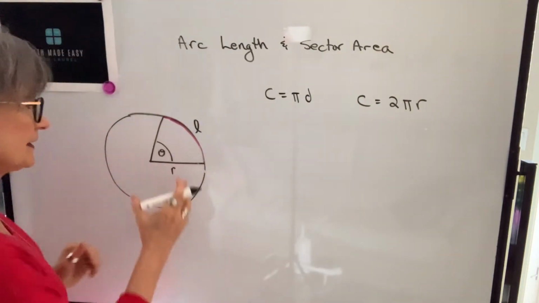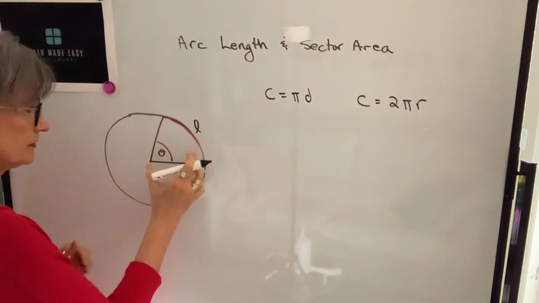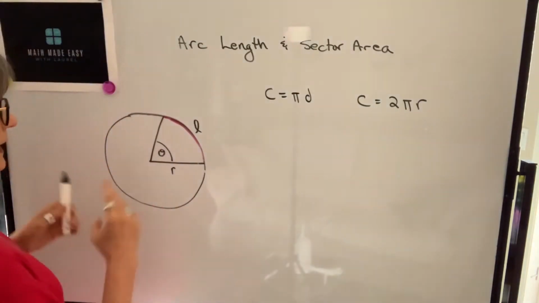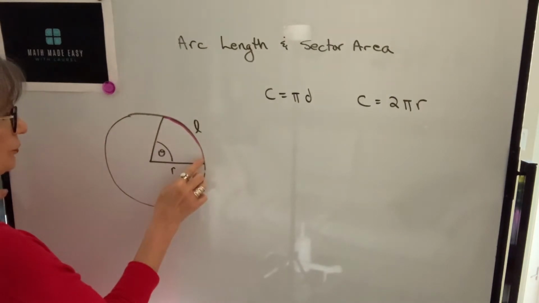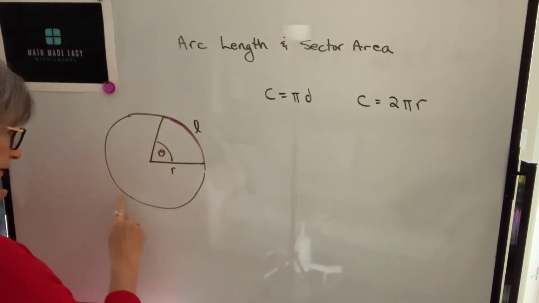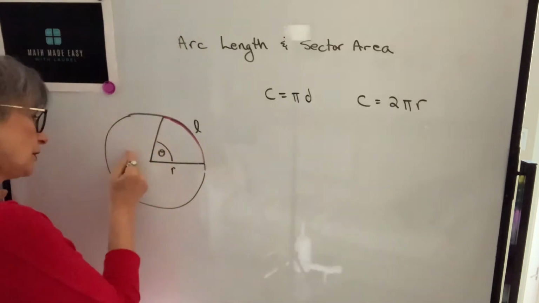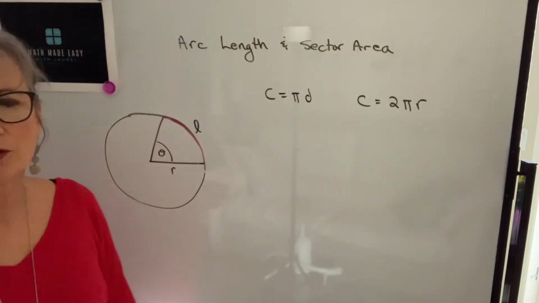We can find this length in this section by using proportion. The ratio of this length to the total length around the circle will be equivalent to the ratio of this angle to the total angle in the circle of 360 degrees.